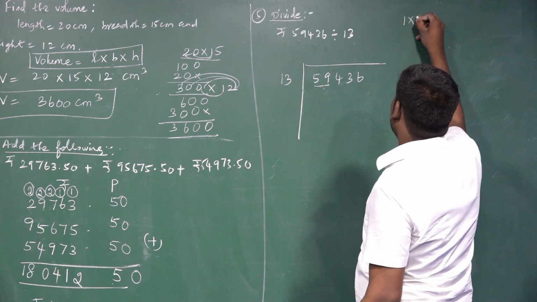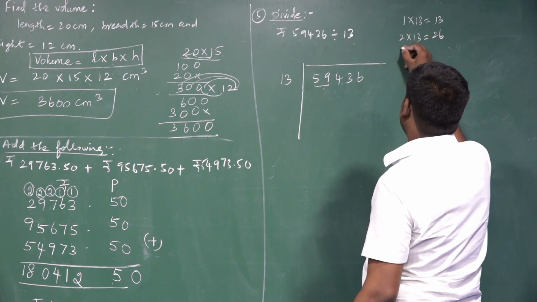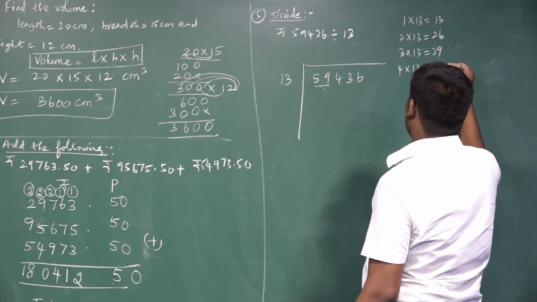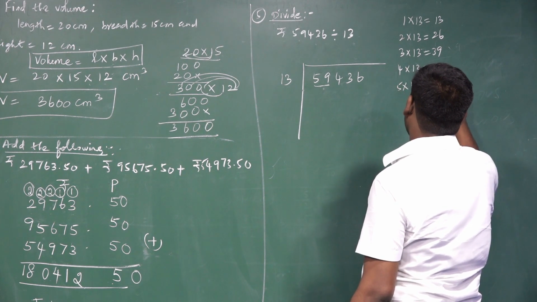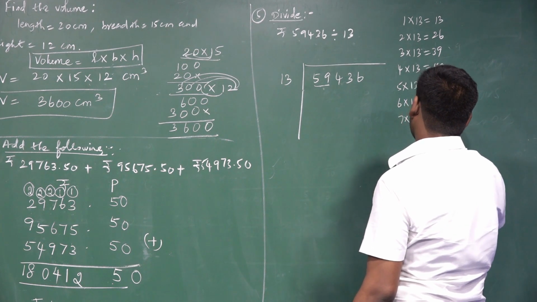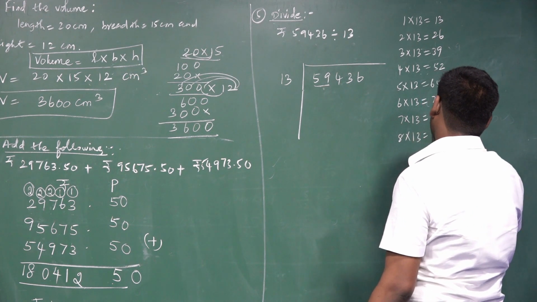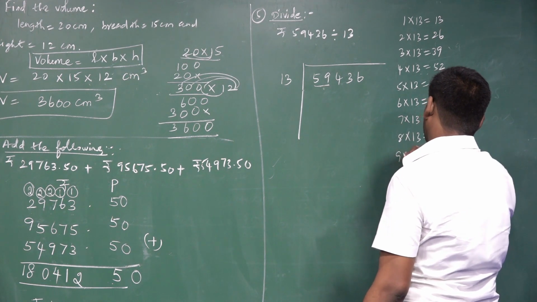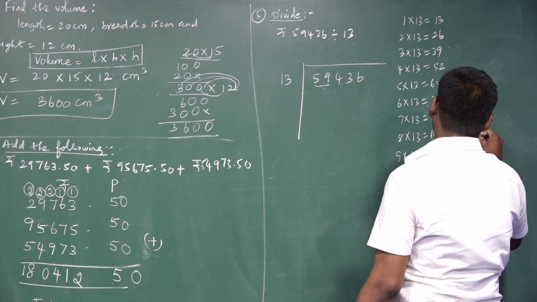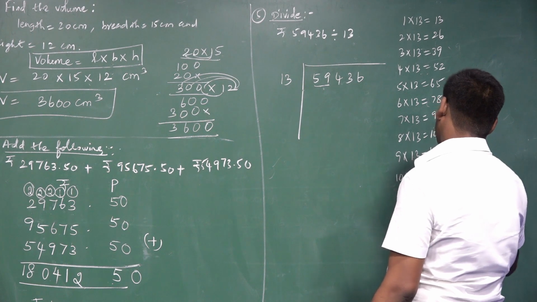See the 13th table. 1 13s are 13. 2 13s are 26. 3 13s are 39. 4 13s are 52. 5 13s are 65. 6 13s are 78. 7 13s are 91. 8 13s are 104. 9 13s are 117. 10 13s are 130.